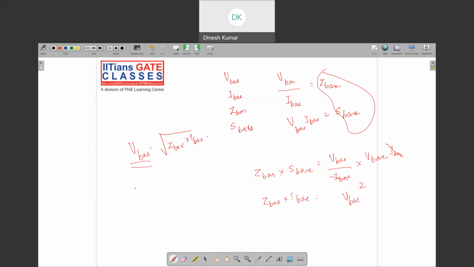Now we can find the value of I base. I base is equal to V base divided by Z base, that is root of Z base into S base divided by Z base.